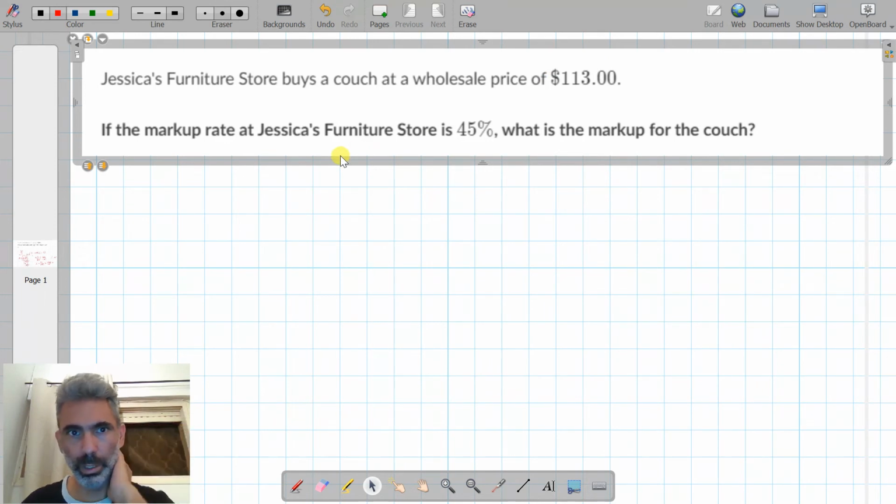Okay, so I thought that they bought the couch at a wholesale.